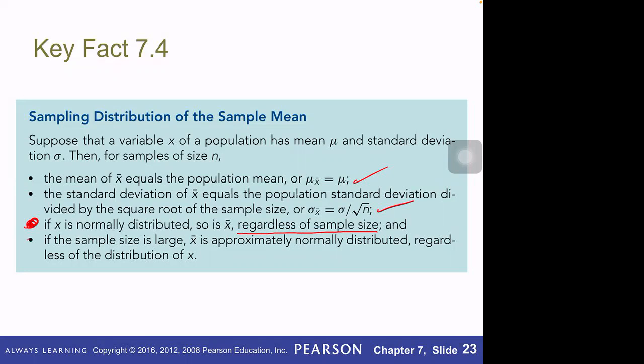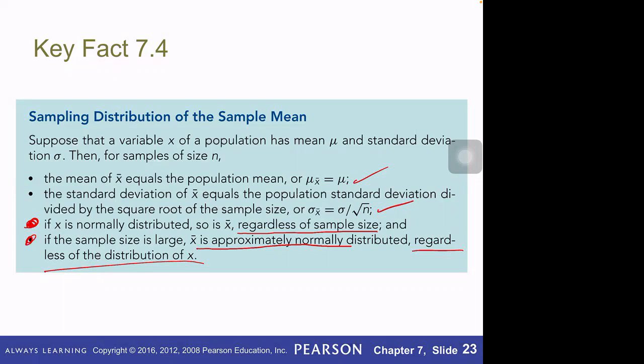If the sample size is large enough, x bar is approximately normally distributed regardless of the distribution of x. It doesn't matter what the distribution is. Keep that in your mind.